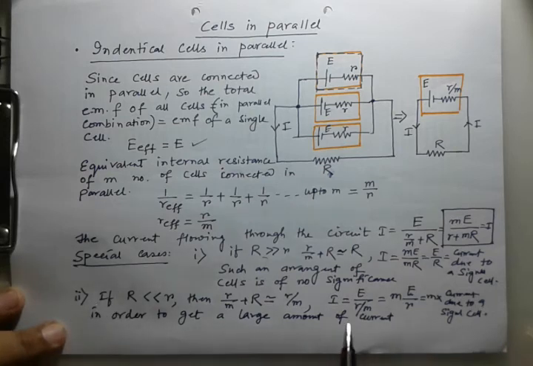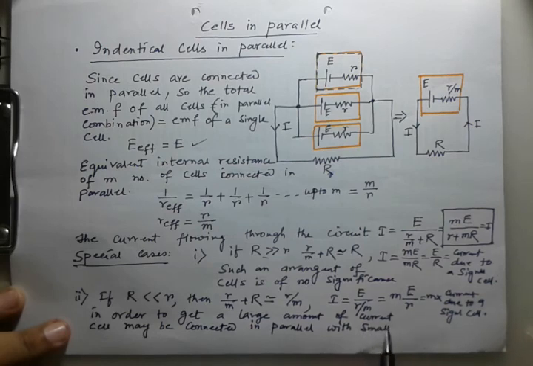So in order to get a large amount of current, cells may be connected in parallel with a small external resistance.